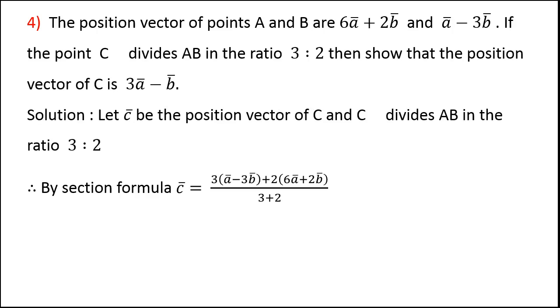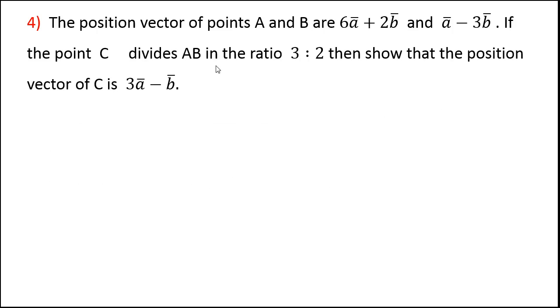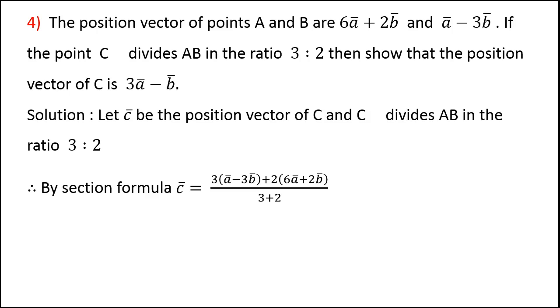When the type of division is not mentioned, whether internal or external, we can assume that the division is internal. So here is the section formula: m b bar plus n a bar upon m plus n.